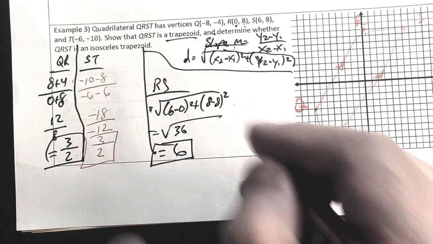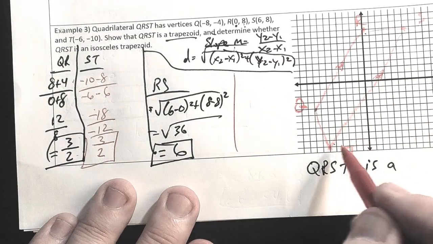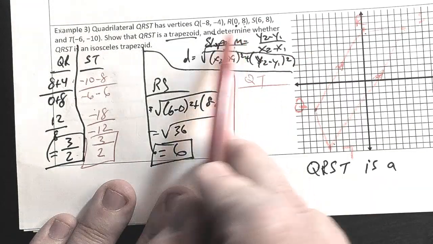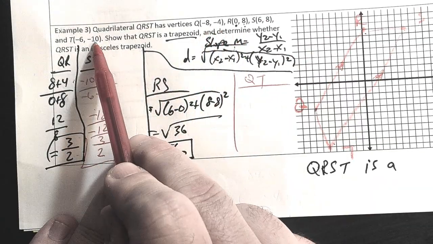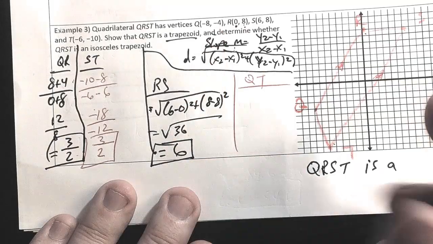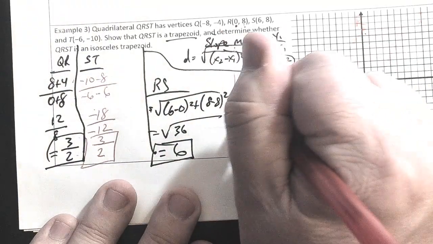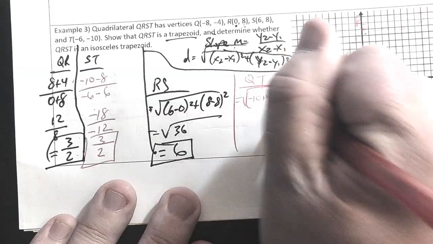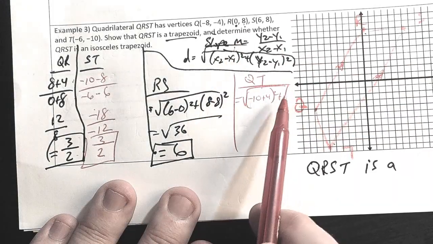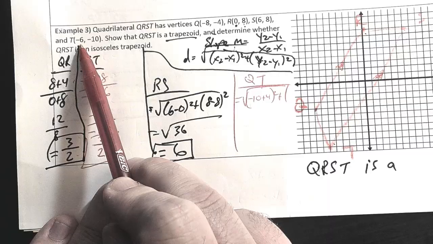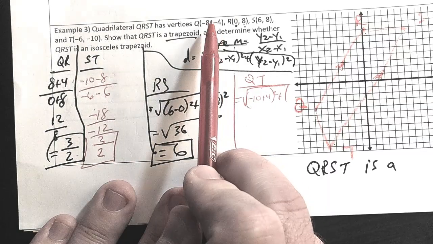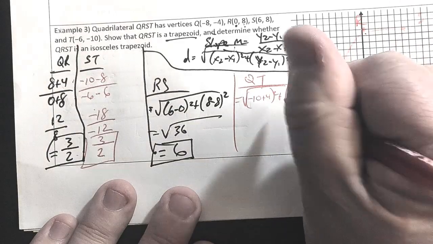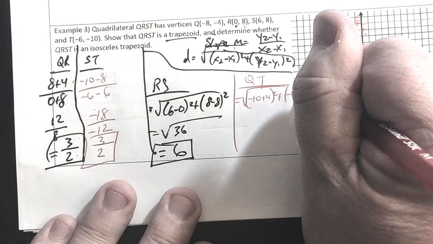So now let's look and see if QT over here is the same length. So QT, so negative 10 minus negative 4, so negative 10 plus 4. And then the other side is negative 6 minus negative 8, or negative 6 plus 8.